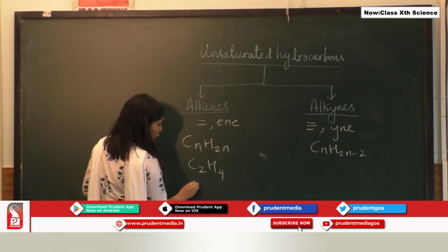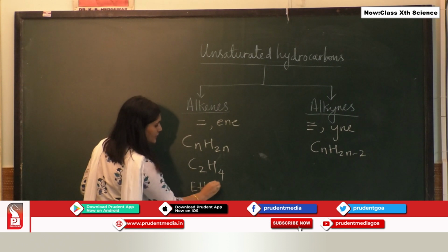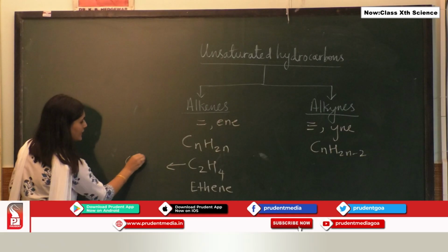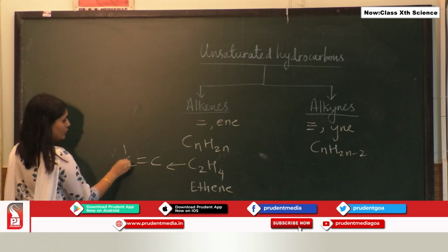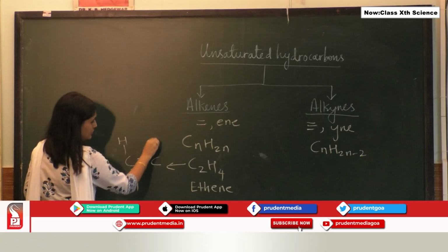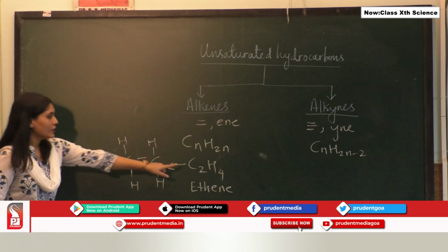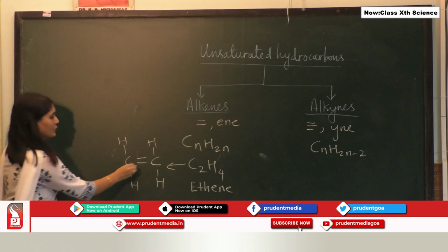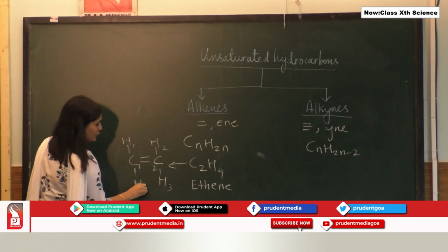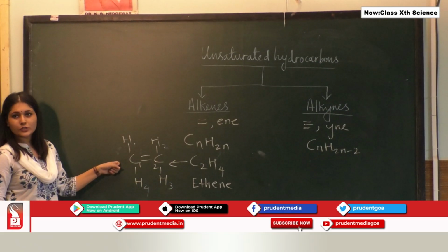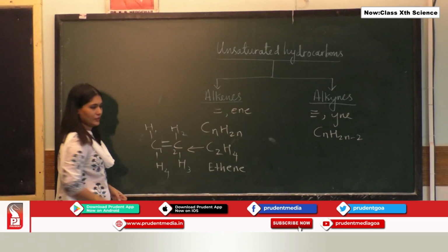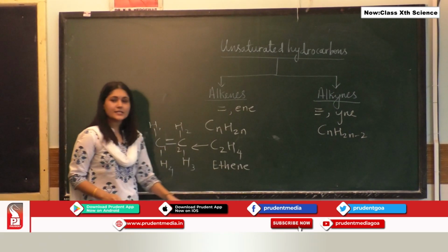So C2H4 is your ethene, and the structure of C2H4 is C double bond C, okay, with, you can see 2 carbon atoms, 1, 2, and how many hydrogen atoms? 1, 2, 3 and 4. So C2H4 is your molecule, okay, and the bonding between them is a double bond. That is why the name is called ethene.